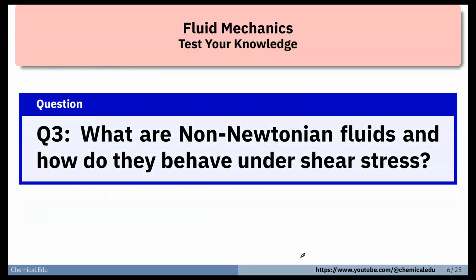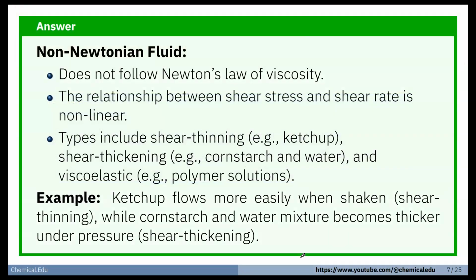So next question is, what are non-Newtonian fluids and how do they behave under shear stress? A non-Newtonian fluid doesn't follow Newton's law of viscosity. The relationship between shear stress and shear rate is nonlinear. Types include shear thinning, that is ketchup, shear thickening, that is cornstarch and water, and viscoelastic, that is polymer solution.